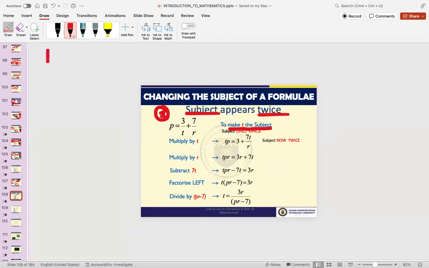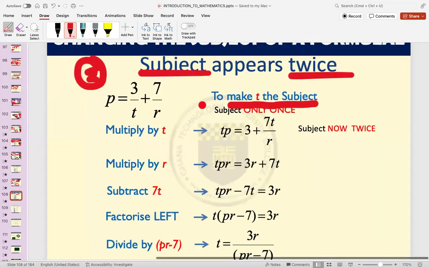So the question is P is equal to 3 over T plus 7 over R. Now somebody will ask, subject appears twice? But when you look through this, nothing is appearing twice. P is appearing once. T is appearing once.